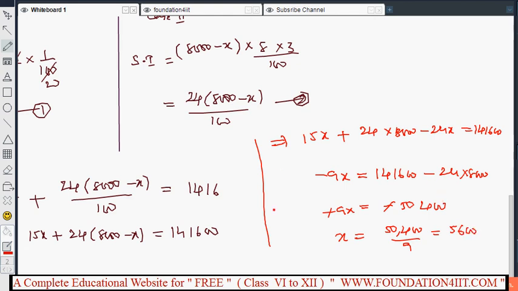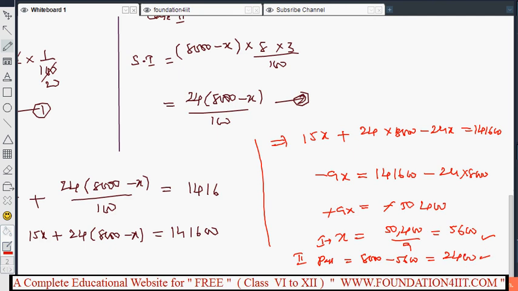So one part is x, 5,600. Then the second part is 8,000 minus 5,600, which is 2,400. These are the two parts.